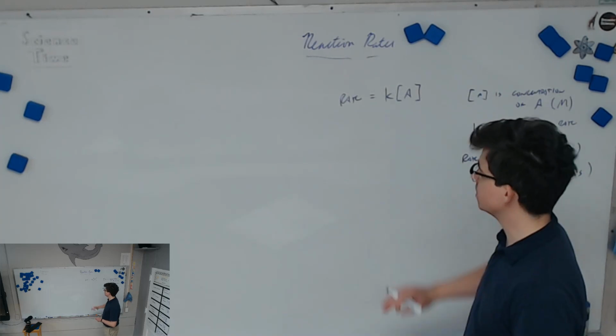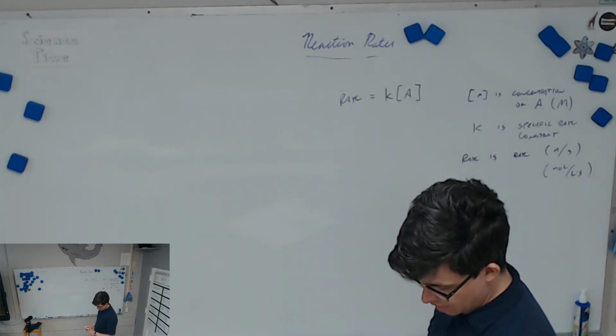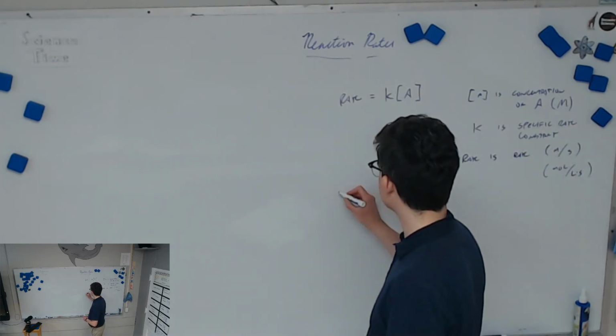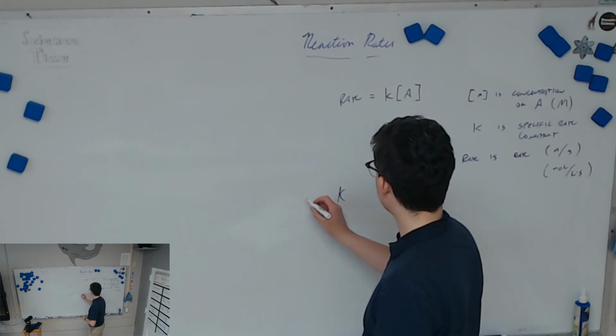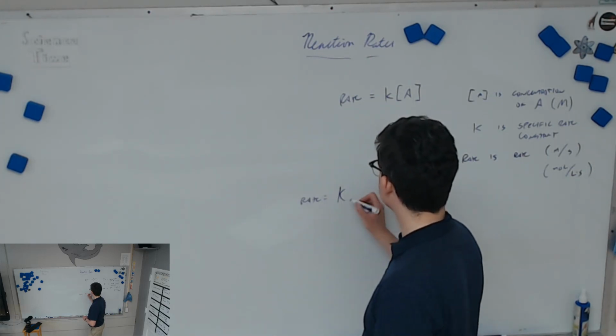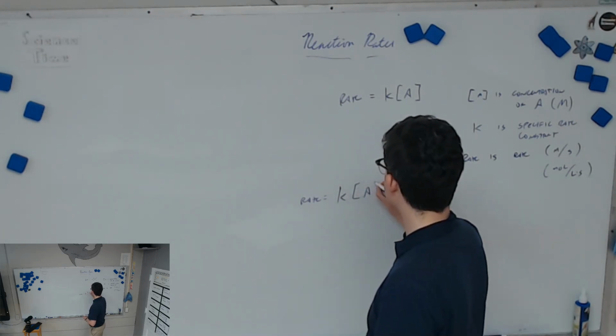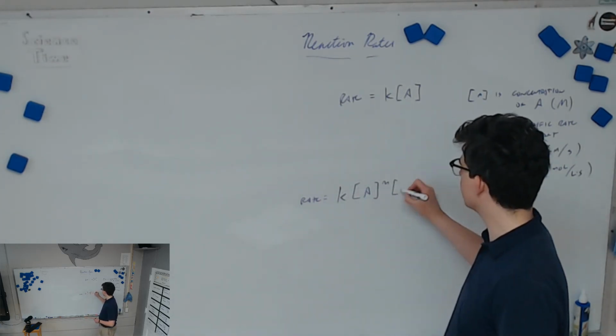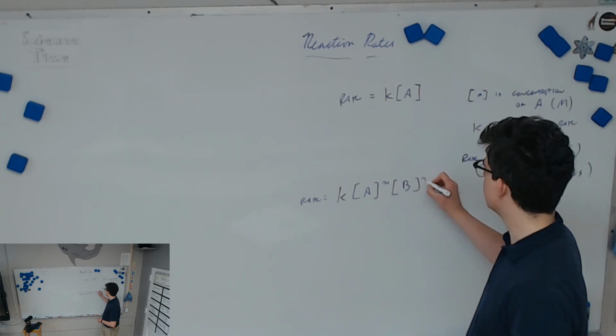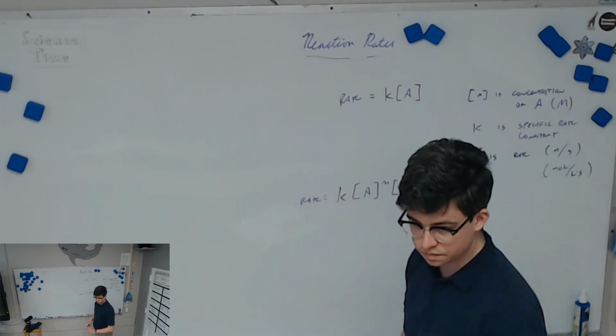This is for any one step. If there are other things you need to worry about, you can do things like this. Rate equals k, which should always be a lowercase k, forgive me, times the concentration of A to the m power times the concentration of B to the n power. This is if there's more than one? Yep.